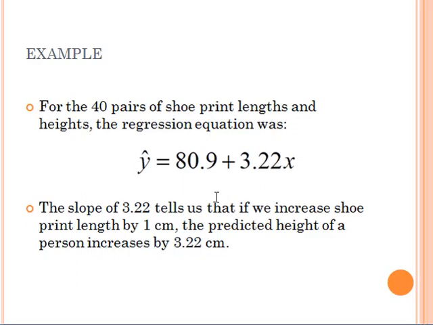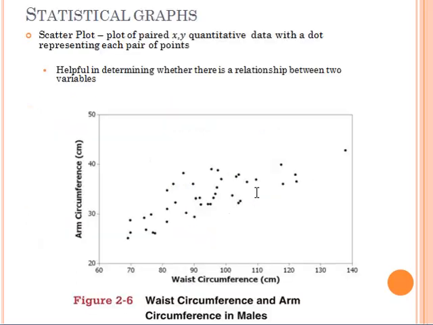So here the slope is 3.22, and it tells us that if we increase shoe print length by 1 centimeter, then the predicted height will also increase by 3.22 centimeters, right? So this coefficient is basically telling us how much marginal change will occur in the predicted variable if we change x by one unit.